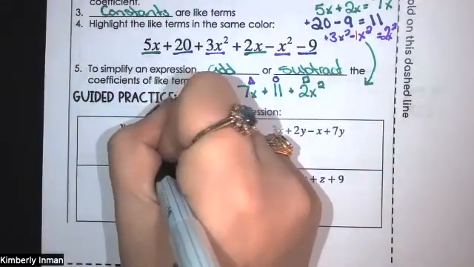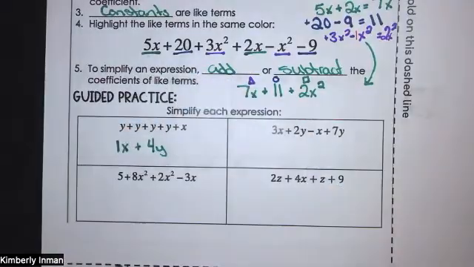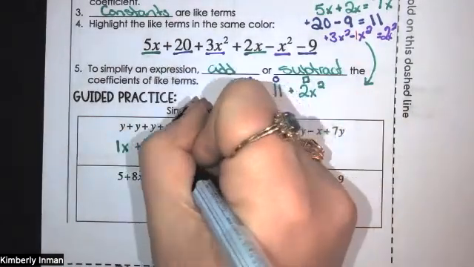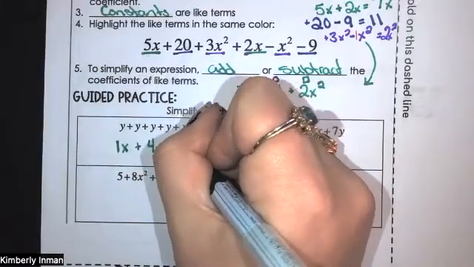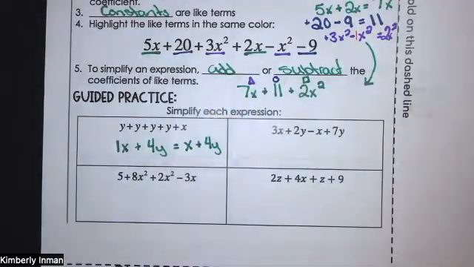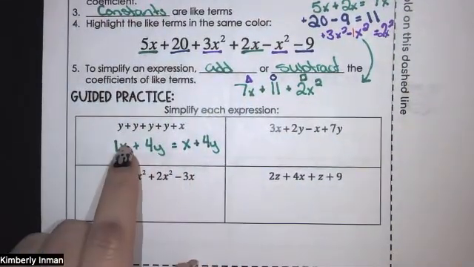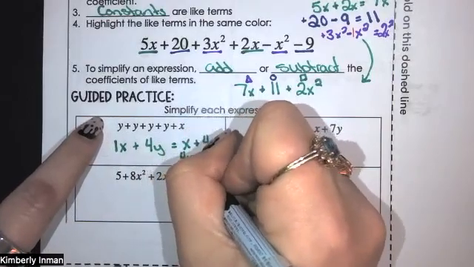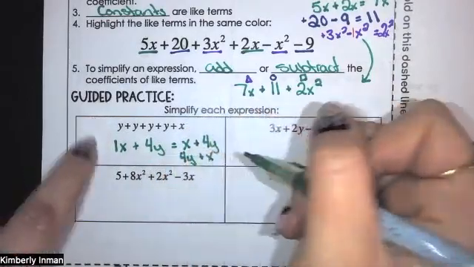You have 1x and 4 y's. Now, again, we don't really write that 1 at any time, so we just really have x plus 4y. Or if you wrote the y's first, you could also have 4y plus x.